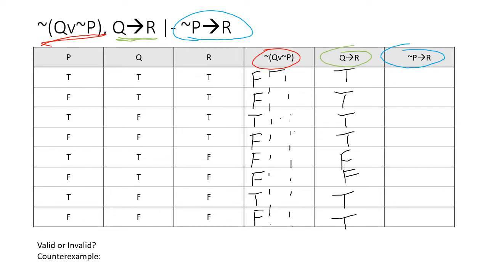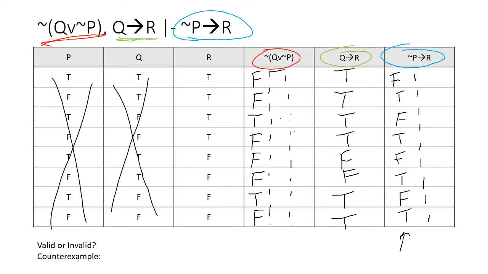And then finally, we have our conclusion. We have two different operators. The tilde is just functioning over the p, so we'll flip the p values from F's to T's and T's to F's. And then we have to do the arrow. So remember that this is our left side technically. Our R is our right side, or our consequent.